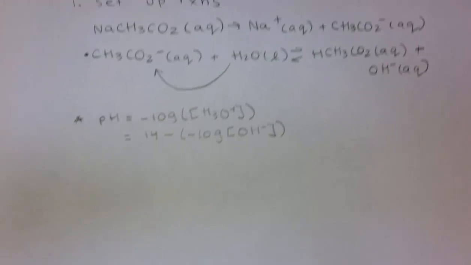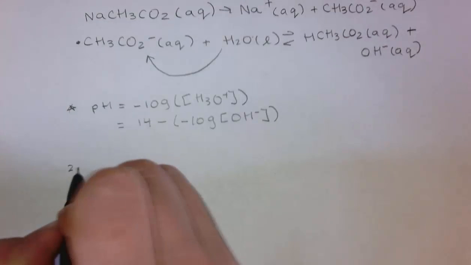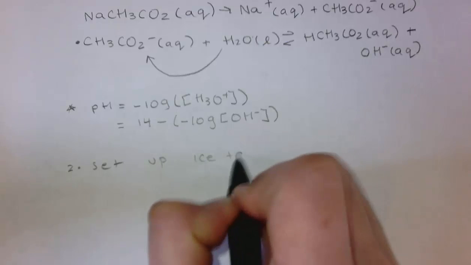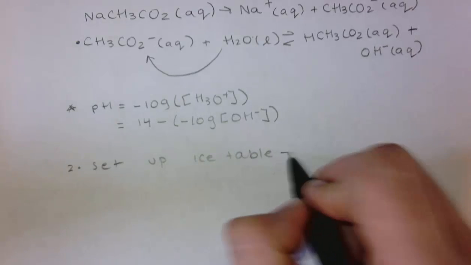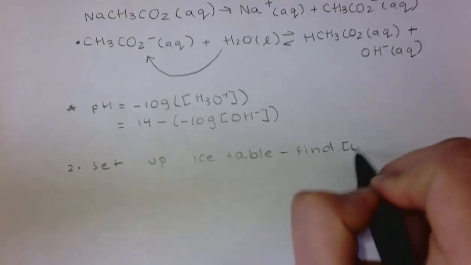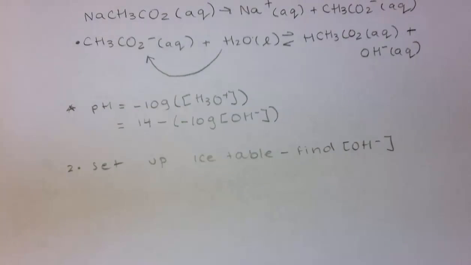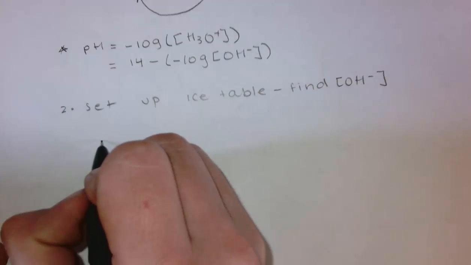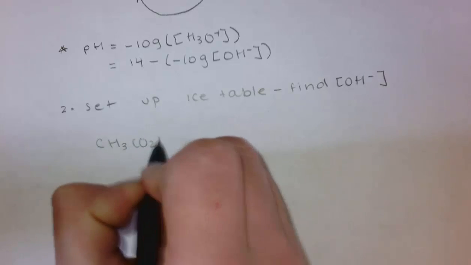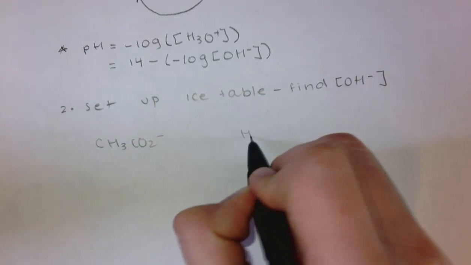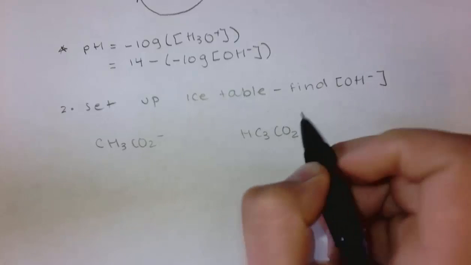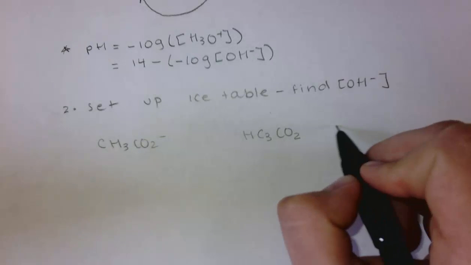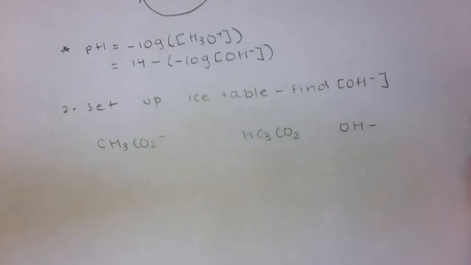So the next thing that I'm going to do is set up another ice table to find our concentration of hydroxide. So I will write out all of our components again. We have acetate, acetic acid, and water is a pure liquid, so this won't be written in our ice table, and hydroxide.